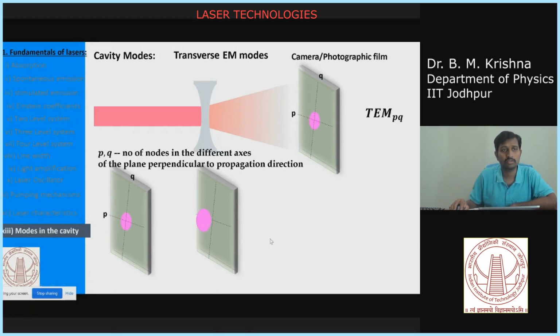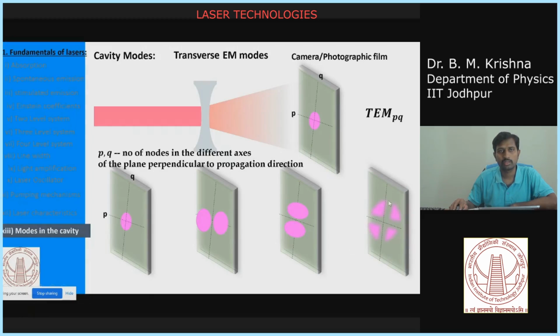Now you see the second one, you can see two lobes. If you go around in this direction, you can see this kind of pattern. So these are different transverse electromagnetic modes that will be in your cavity. This is a lower order mode, and these are all higher order modes, and you can still continue.